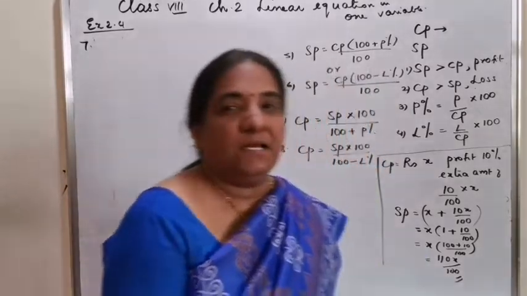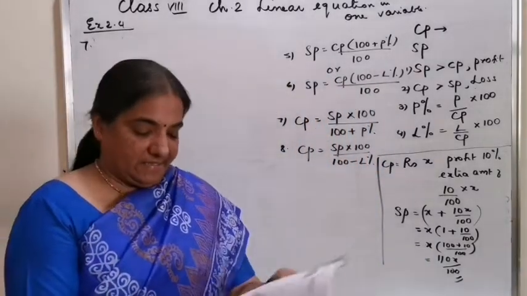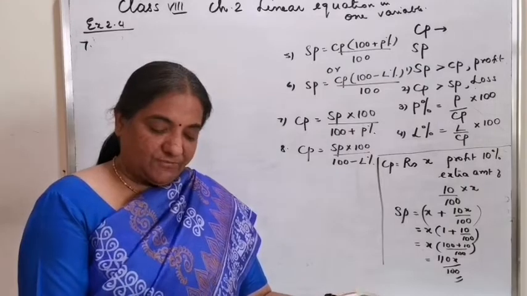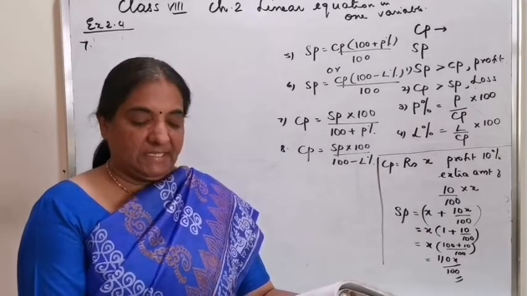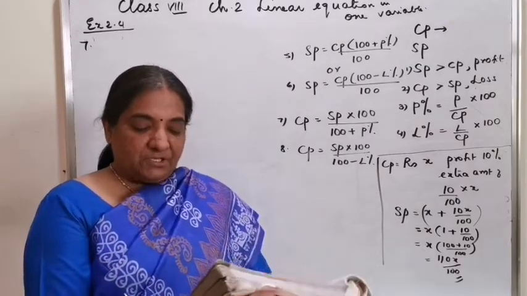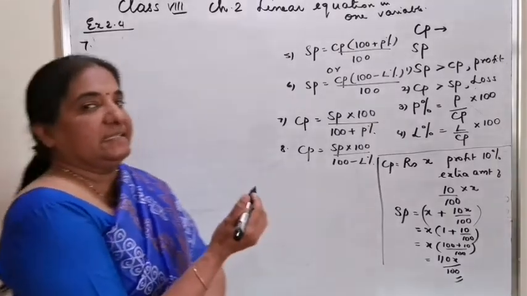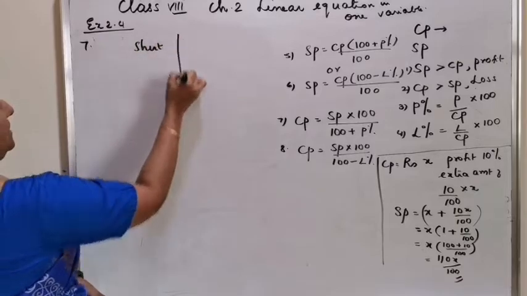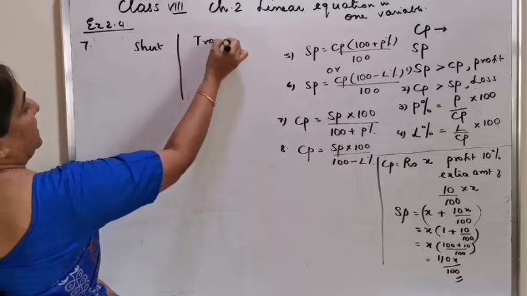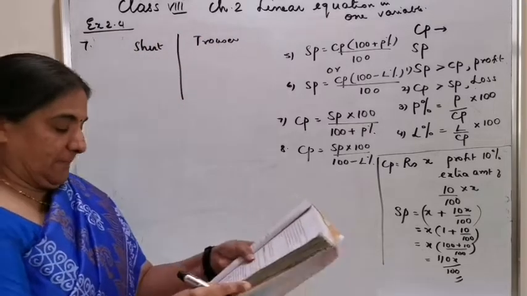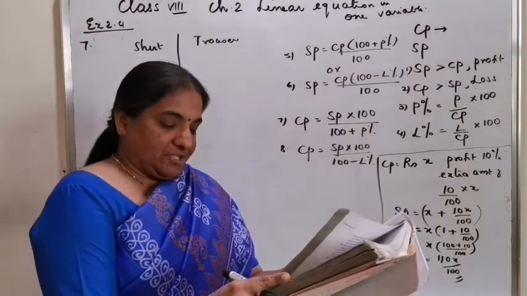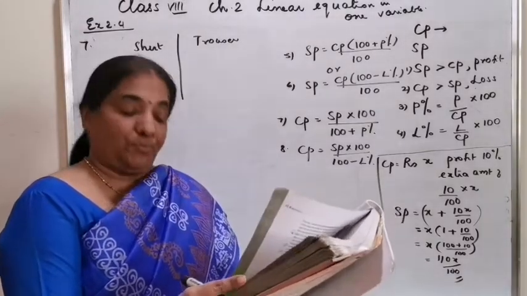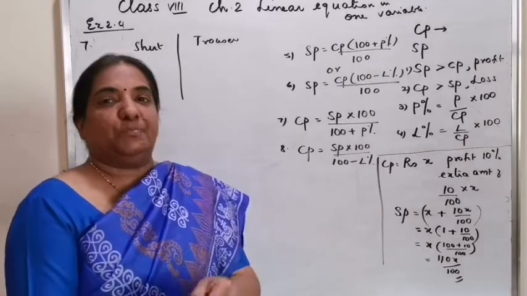The dealer buys two kinds of cloth material. Shirt material costs him rupees 50, trouser material rupees 90. So let's divide into two parts as shirt and trouser. This is where you can understand the question. That shirt material is costing him rupees 50 and the other one rupees 90.